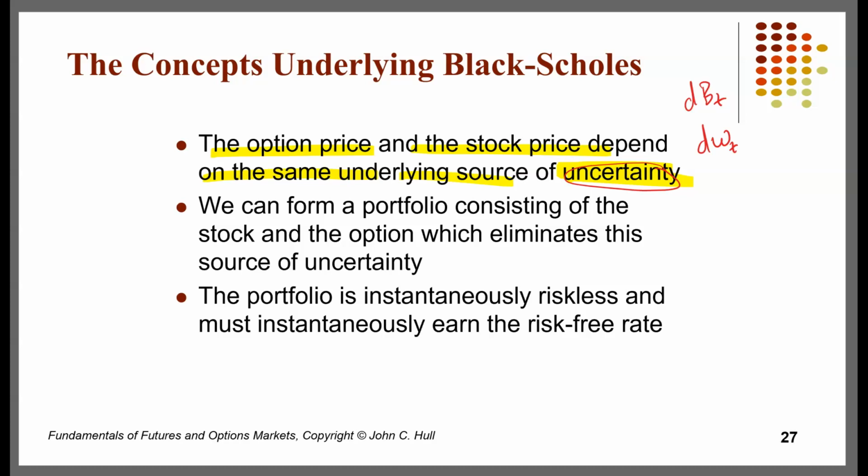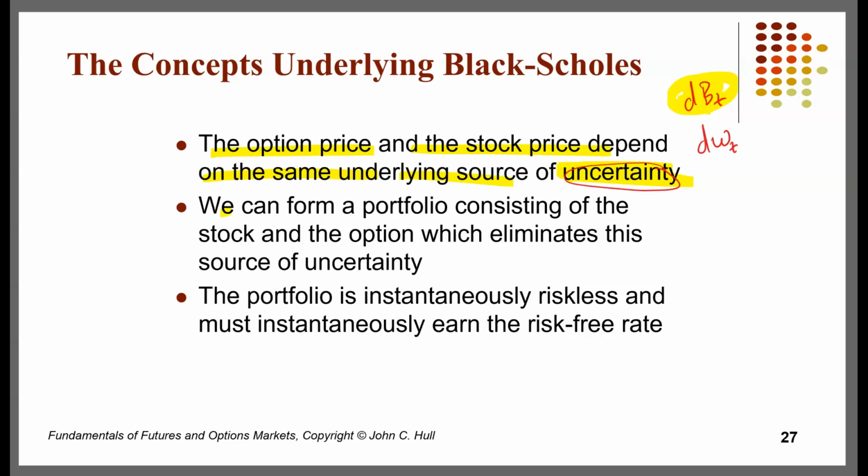When we model security price, we use this shock, and when we model option price, when we derive option value, we use the same shock. So stock price and option price are both a function of the same source of uncertainty.